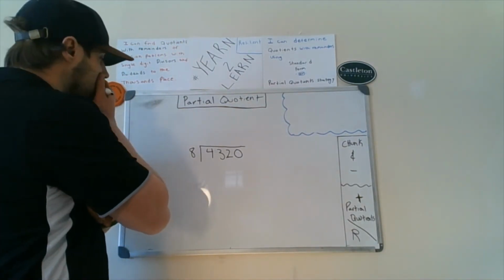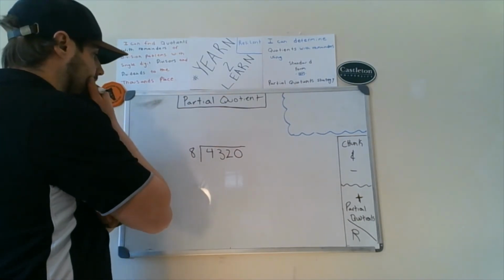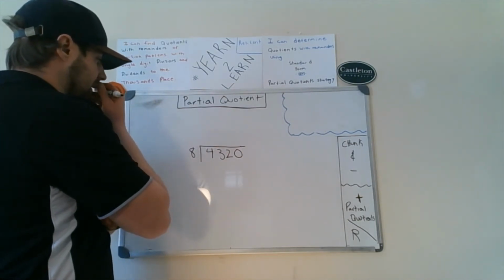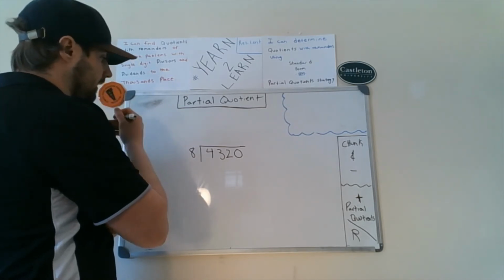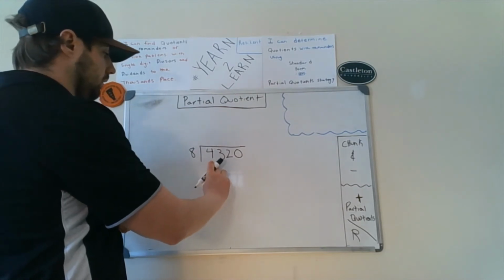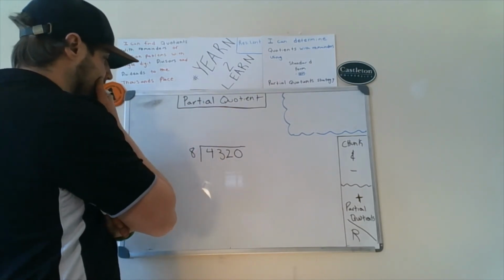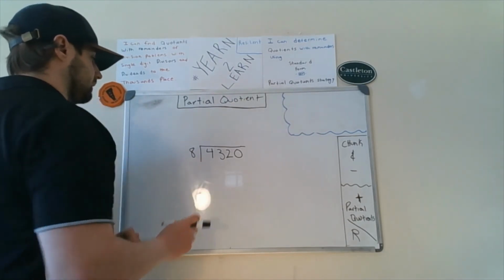So looking at my numbers, I see that I want to perhaps work big to start. I don't see any numbers that are equal to 8 there. So I'm going to have to work in my thousands place.